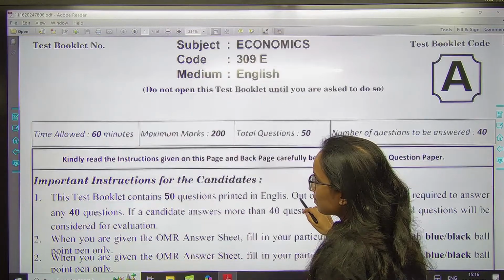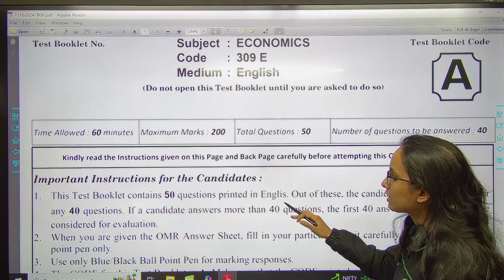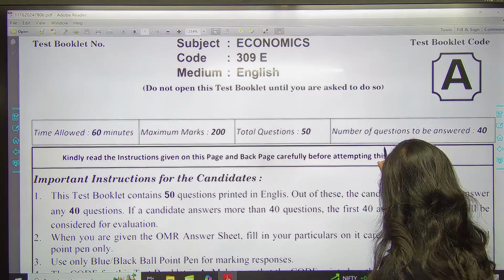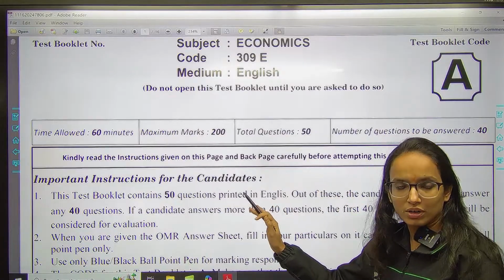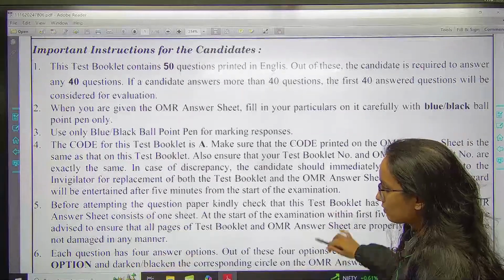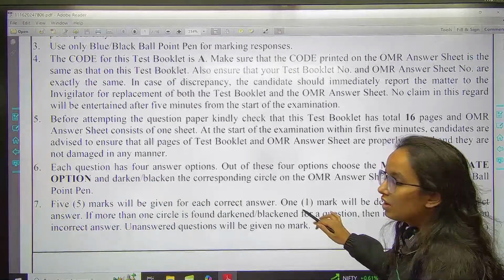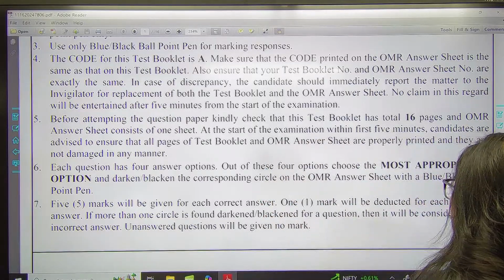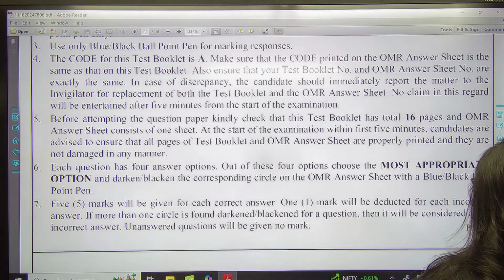If you see, time allowed is 60 minutes, maximum marks are 200, and there will be 50 questions in total. The number of questions to be answered would be 40. In every question you have 4 options, and out of these you have to select the correct option.